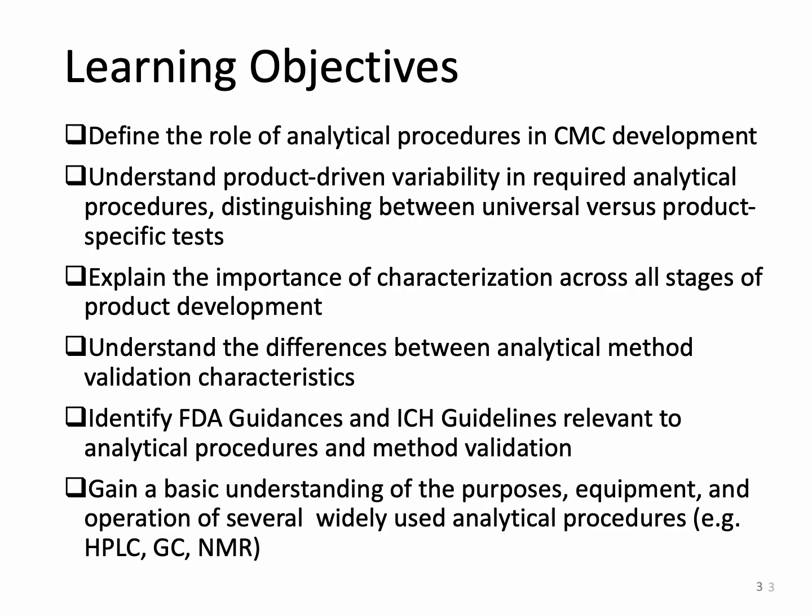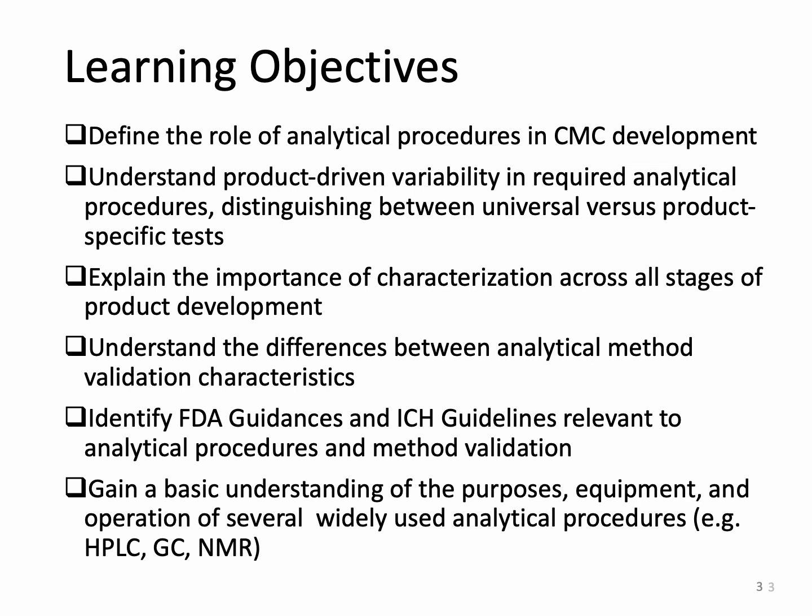So what are the learning objectives today? We are going to define the role of analytical procedures in the chemistry, manufacturing and control development, or CMC. Then we are going to try to understand the product-driven variability in required analytical procedures, distinguishing between universal versus product-specific tests. We're going to explain the importance of characterization across all stages of product development.